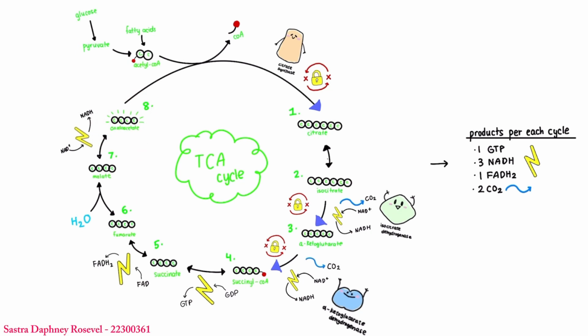Oxaloacetate is the 8th intermediate, but is important to regenerate and power this cycle to continue and start cellular respiration, which provides energy for almost every process in our entire body. The products generated per each cycle of the citric acid cycle are 1 GTP, 3 NADH, 1 FADH2, and 2 carbon dioxide, which is released.